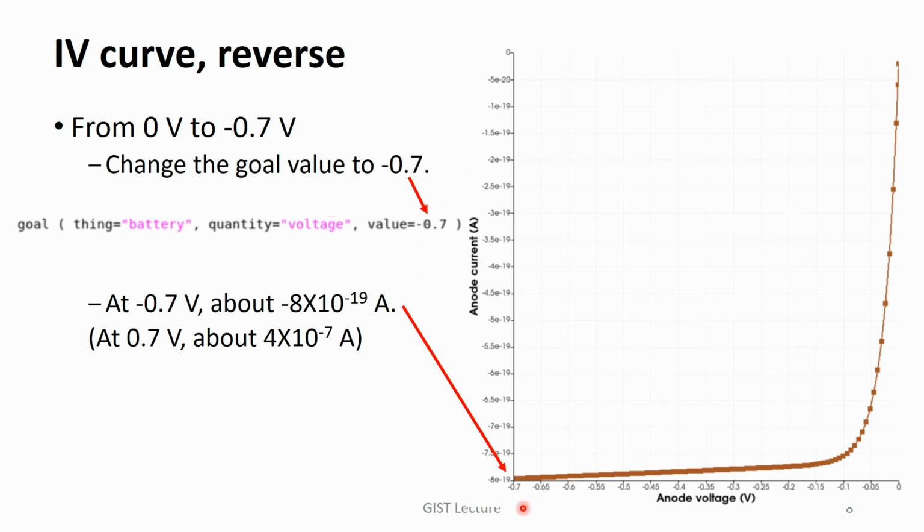At minus 0.7 volt, almost no current. On the other hand, at 0.7 volt, the anode current was about 4 times 10 to the minus 7 ampere. More than 11 orders of magnitude difference is observed.